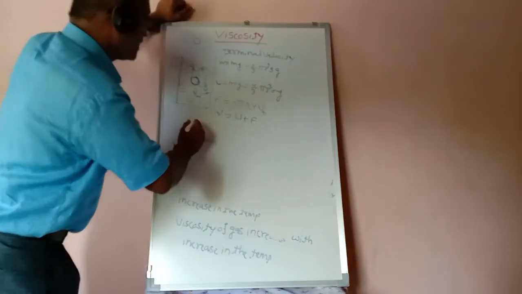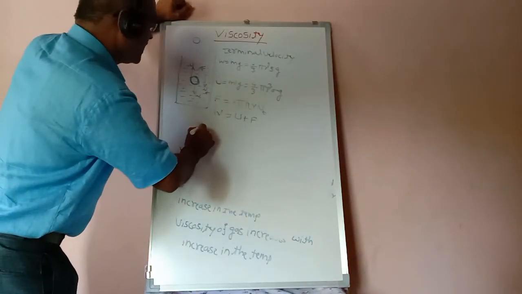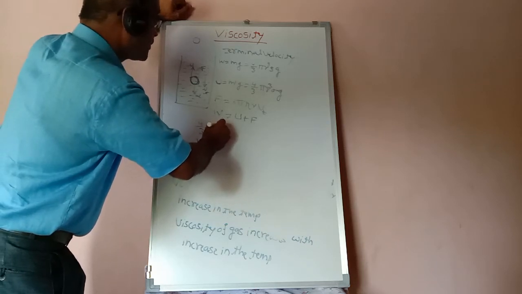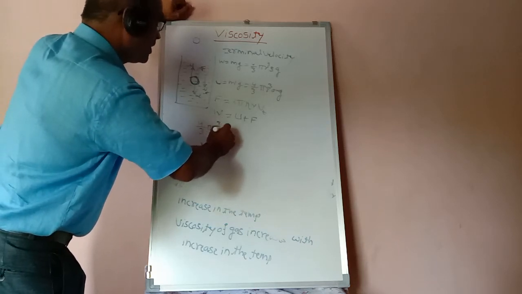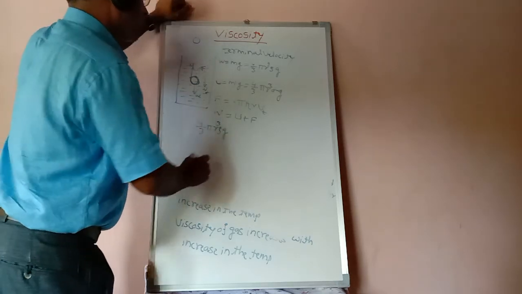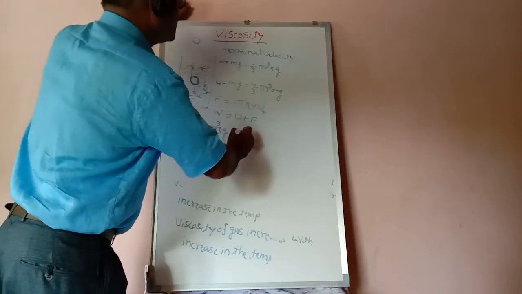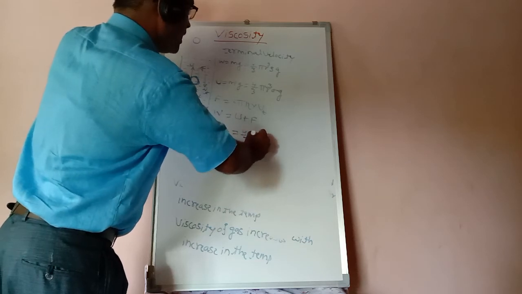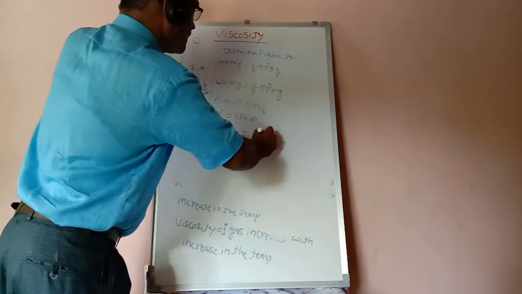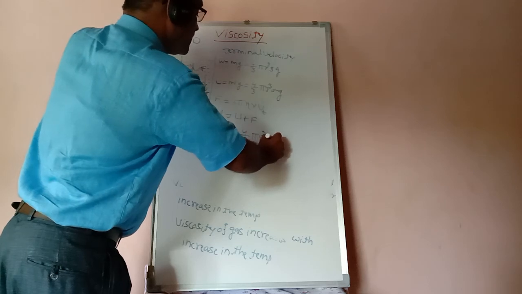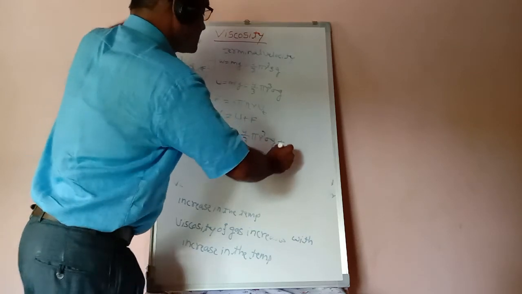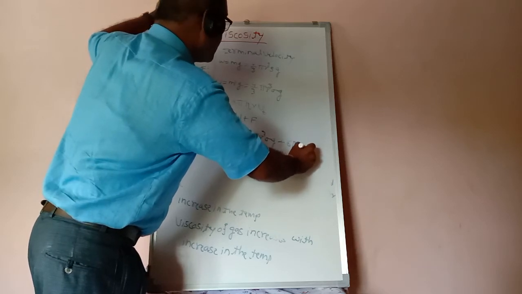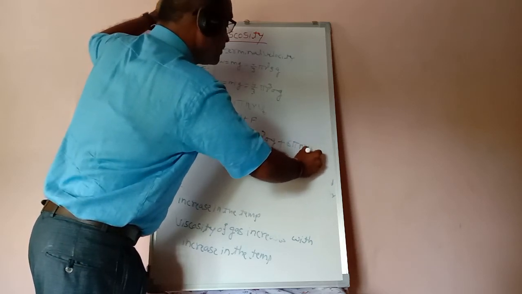W means 4 by 3 pi r cube rho into g is equal to U, which means 4 by 3 pi r cube sigma, the density, into g, plus 6 pi nu r into Vt.